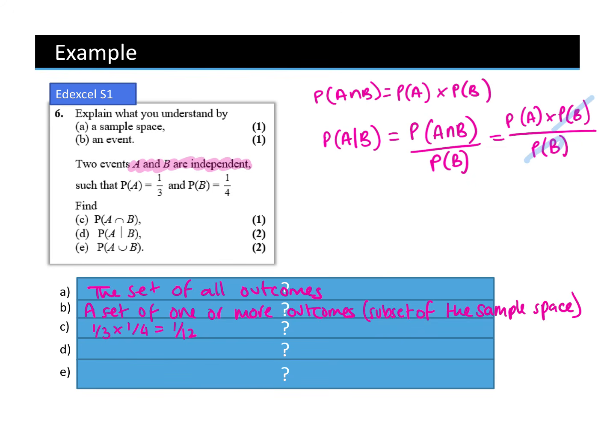And the probability of A given B is just, in fact, the probability of A. And the probability of A equals a third.